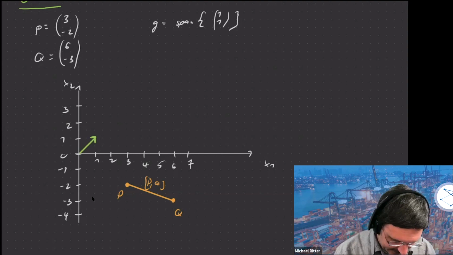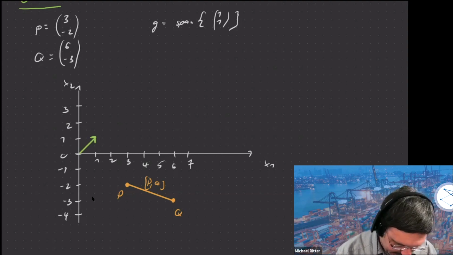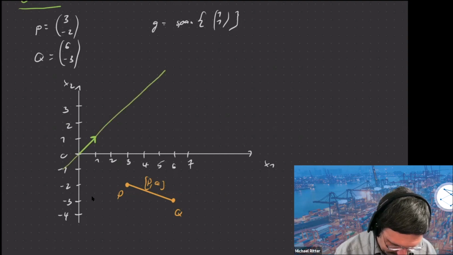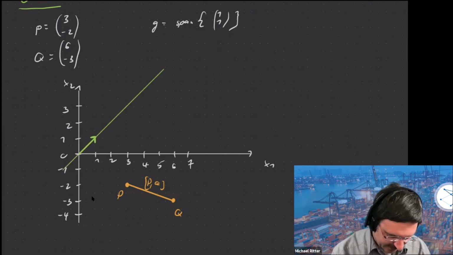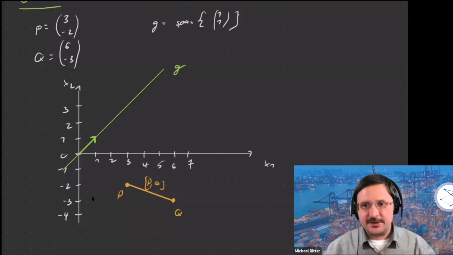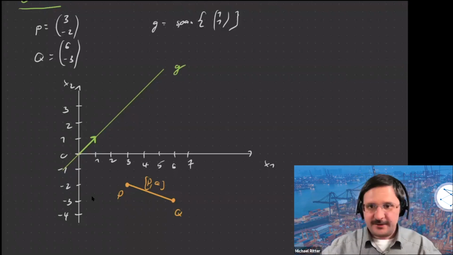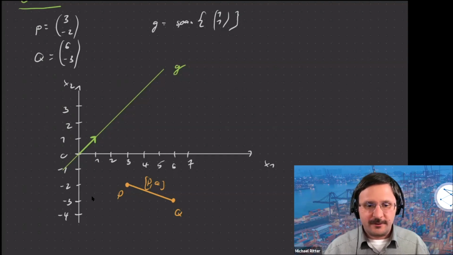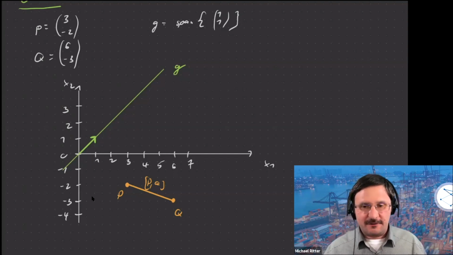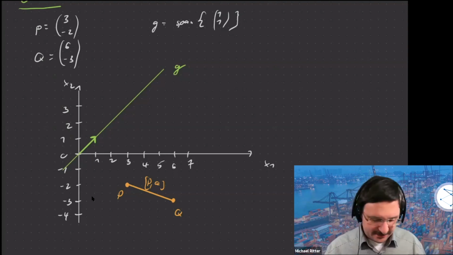And that means the line spanned by this vector would be this line here. So that is the linear subspace G. And geometrically, what we're doing is taking orthogonal projections of P and Q onto that line.